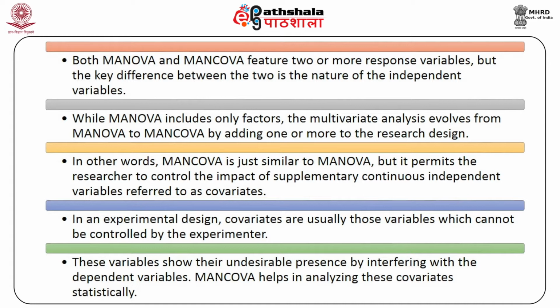In an experimental design, the covariates are usually those variables which cannot be controlled by the experimenter. These variables show their undesirable presence by interfering with the dependent variables.